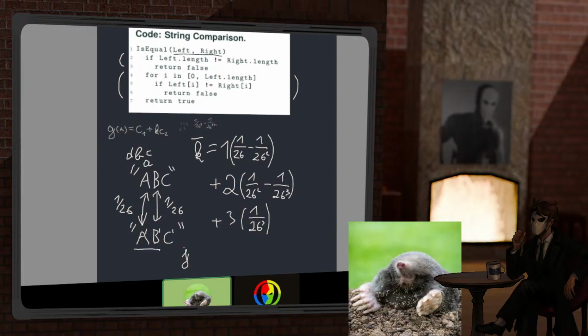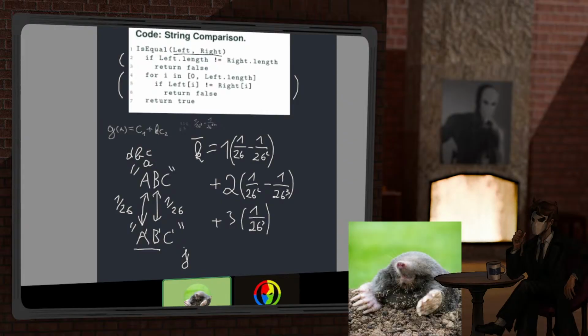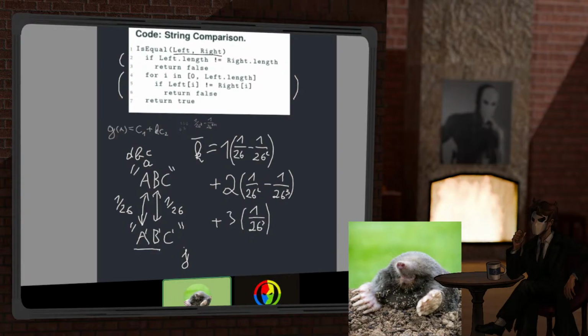But you might realize that there are some similar sections in this. We could probably simplify. For example, here we have 1 over 26 squared, and here again. We have 2 times 1 over 26 squared minus 1 times 1 over 26 squared. And we have the same thing here with these two. We have 3 times this minus 2 times this.